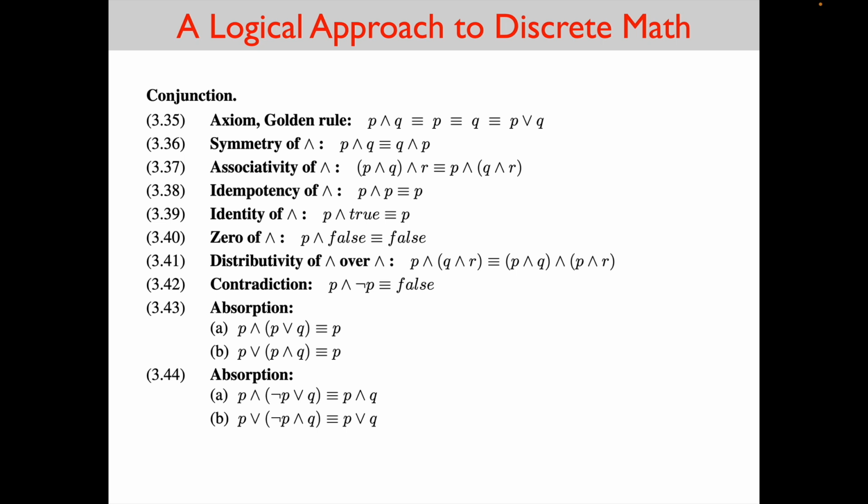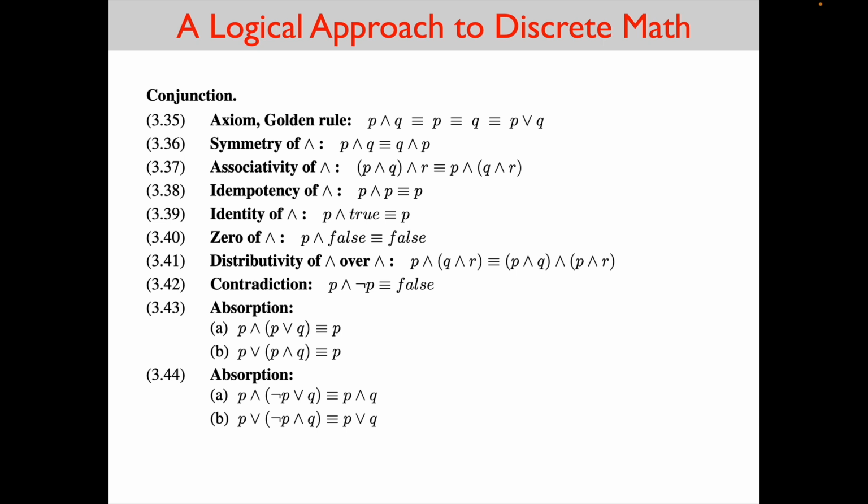Okay, the next group of theorems are concerning conjunction, and the primary axiom that defines conjunction is called the golden rule. The golden rule is 3.35, and again we will not prove it because it's an axiom. It's P and Q equals P equals Q equals P or Q. And from this one axiom, all the rest of these theorems follow.